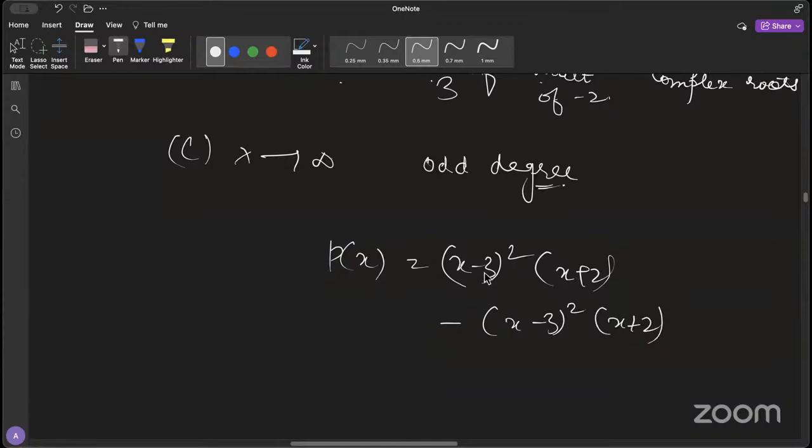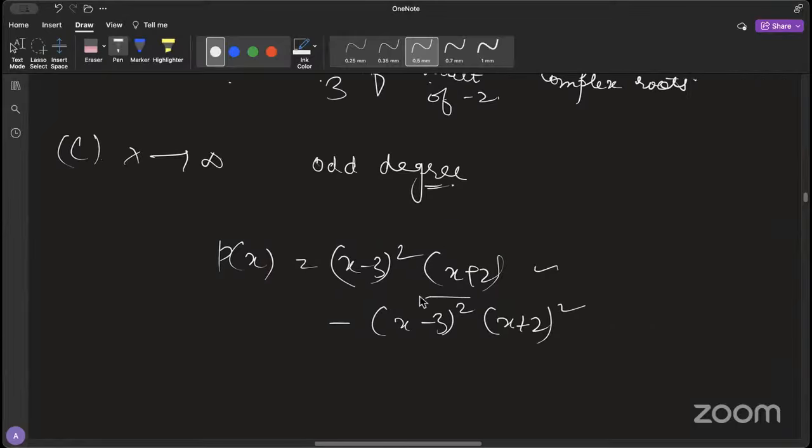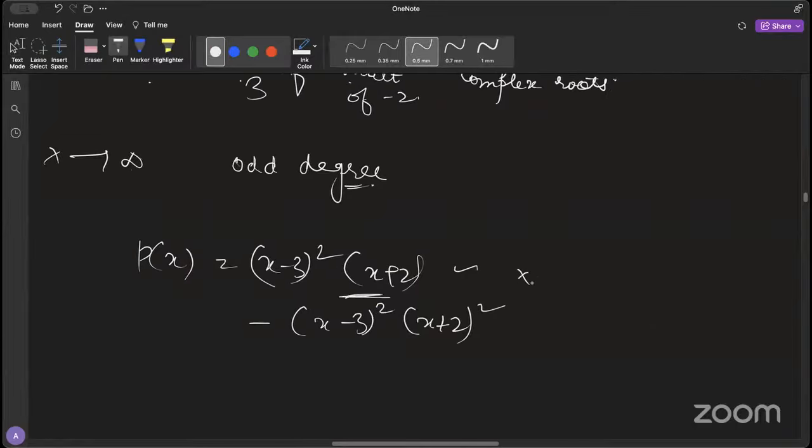So the things are going to change. Both of these are possibilities for the polynomial. But now if you take this one, if your x tends to infinity, where does your p(x) go? So from here, for x cube, the coefficient will be 1, right? So the leading coefficient is 1 here, and the leading term is 1x cube.